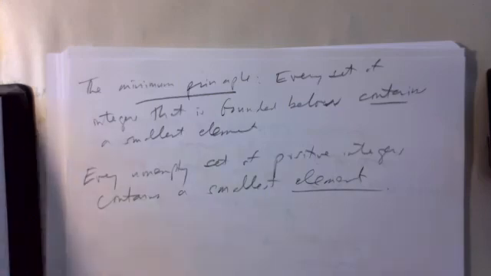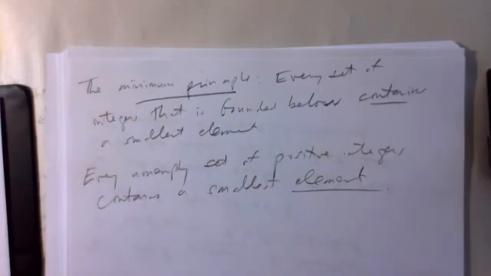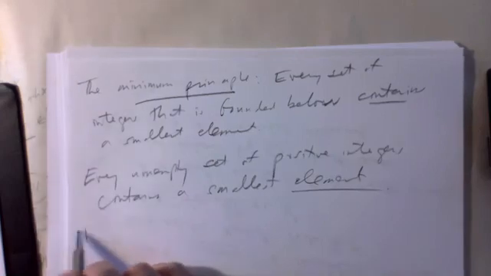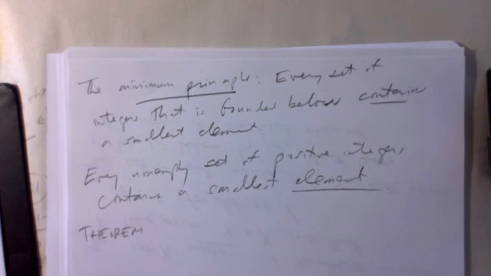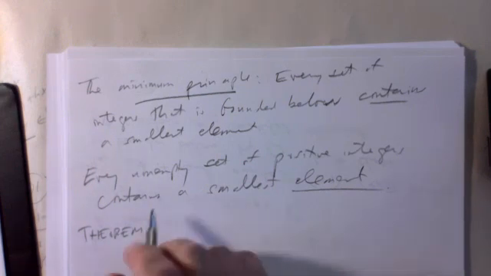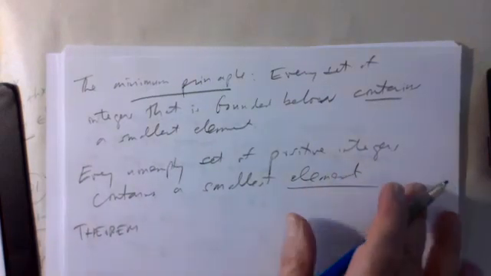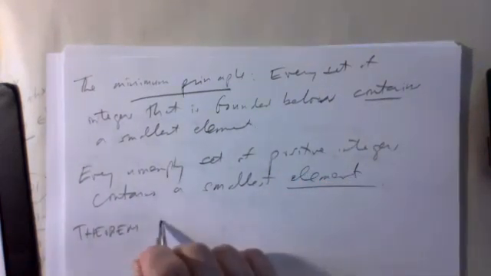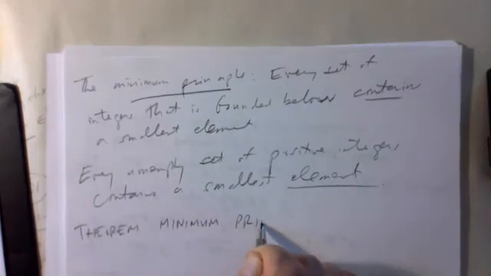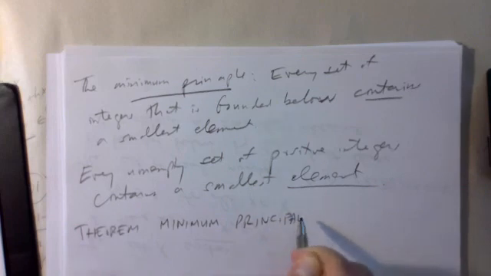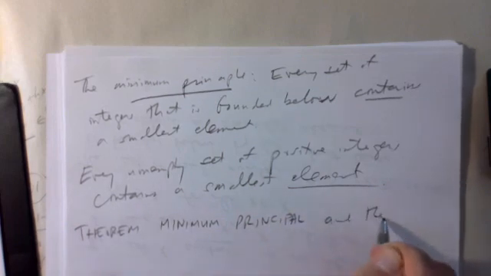And an important fact is that you can't prove the minimum principle either. This is an axiom in mathematics. So we have two axioms, the minimum principle and the principle of mathematical induction. And it turns out that they're equivalent. You don't have to assume them both.